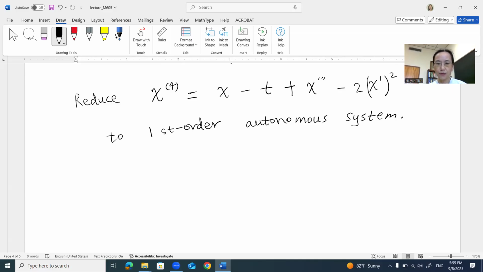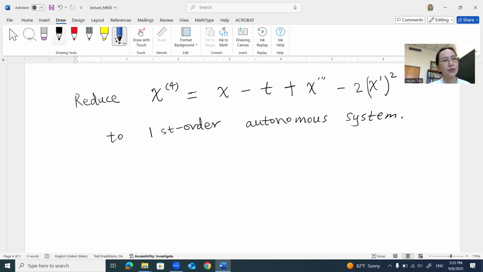To reduce it into first order, we see that we better introduce some new functions. For example, if we define the third order derivative as a new function, then this fourth order derivative will be the first derivative of that function.